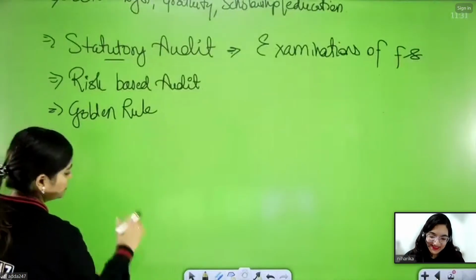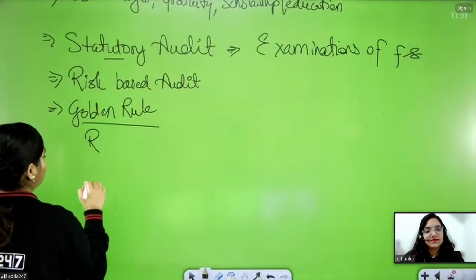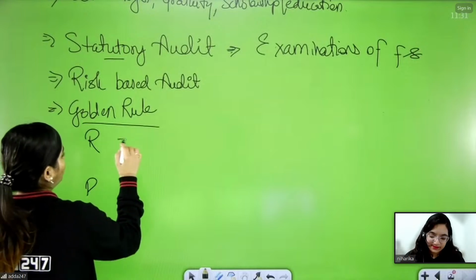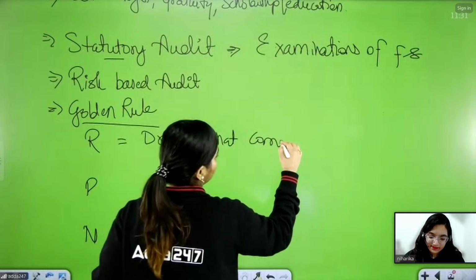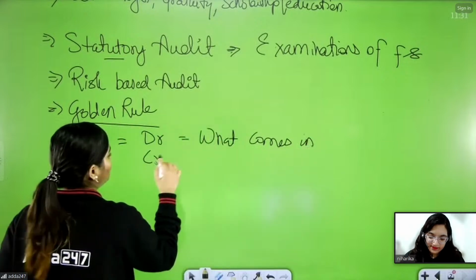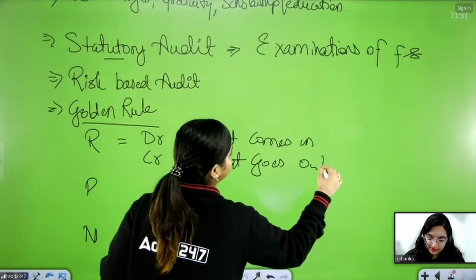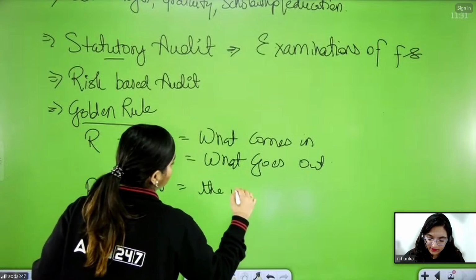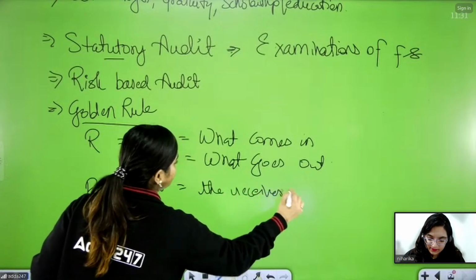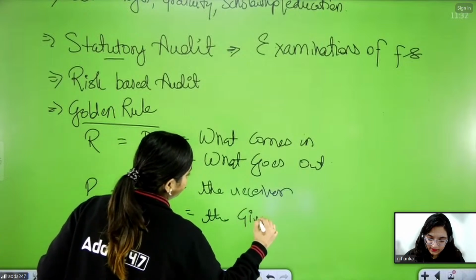Okay, so let's discuss this golden rule fully. There are three accounts: real, personal, and nominal. For real, debit means what comes in, credit means what goes out. Under personal, debit means the receiver, credit means the giver.